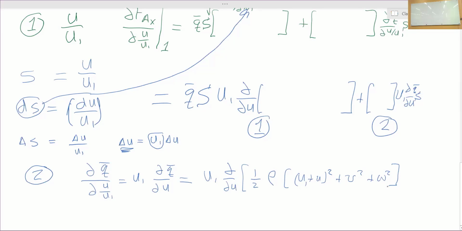Like I said, this is tedious and complicated, so track with me here if you can. Where is u? We're taking the derivative with respect to u. It's going to show up here, not here, and not here.